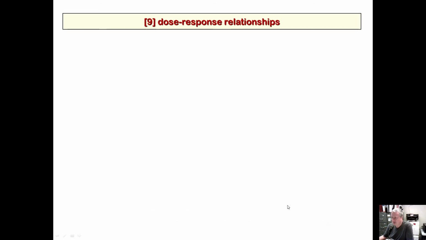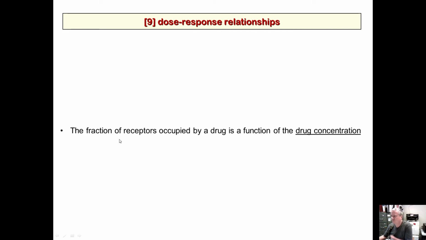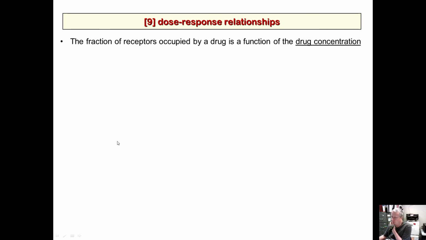Okay, so let's talk about dose-response relationships. We've seen this a little bit before. Let's go through one more time as we finish this discussion of pharmacology. So when you think about receptors that are either occupied by a drug or not, the amount of receptors occupied is a function of drug concentration.